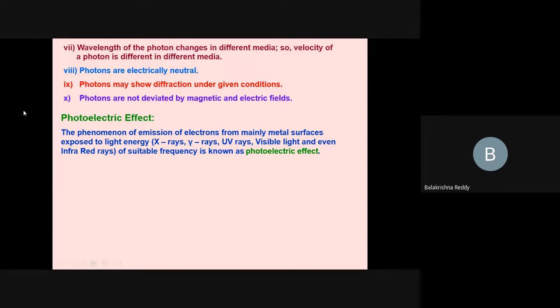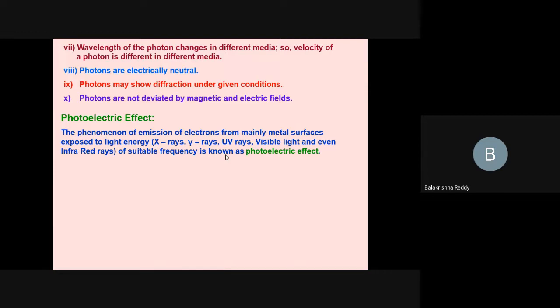In the same way, the phenomenon of emission of electrons from metal surfaces which are exposed to light energy of suitable frequency is known as the photoelectric effect. Light energy here can be X-rays, gamma rays, UV rays, visible light, and even infrared light can be used as a source to expose the metallic plate.